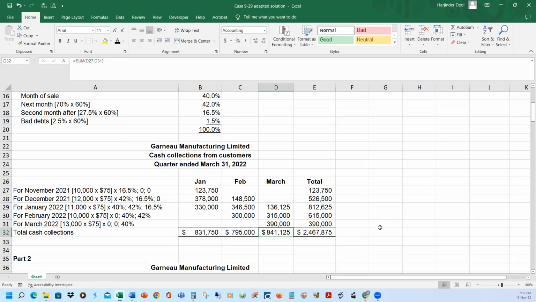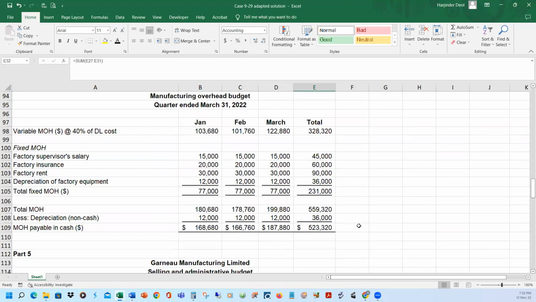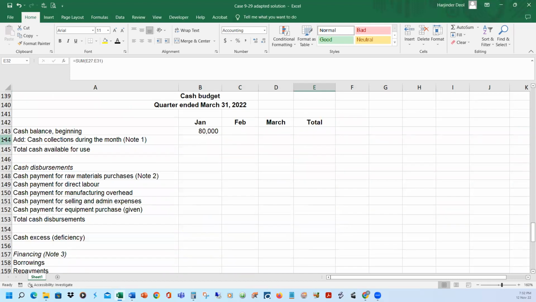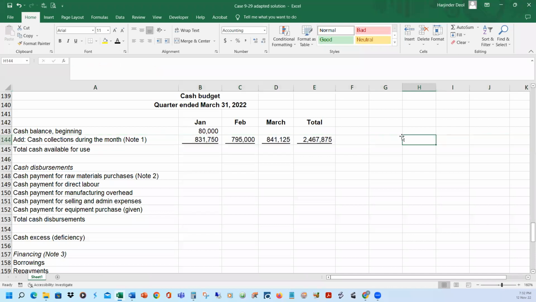And for the month of March, it'll be 841,125, giving us a total collection for the quarter, 2,467,875. So in our cash budget, we can happily copy that information. And it's always a good feeling psychologically to see the numbers all filling up.